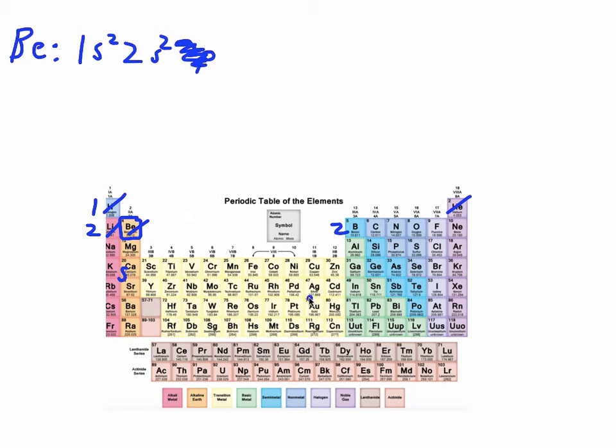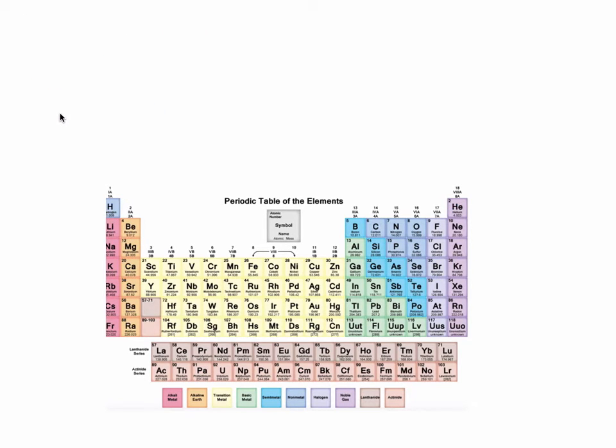Let's do another one. Let's do bromine. Actually, I'm going to erase this so we can do it clean. Bromine. Why don't you press pause and try it on your own, and then I'll do it for you. Okay, so we've got the 1st energy level, s orbital, 1s1, 1s2. We've moved on to the 2nd energy level in the s orbital, and there are 2 of those.